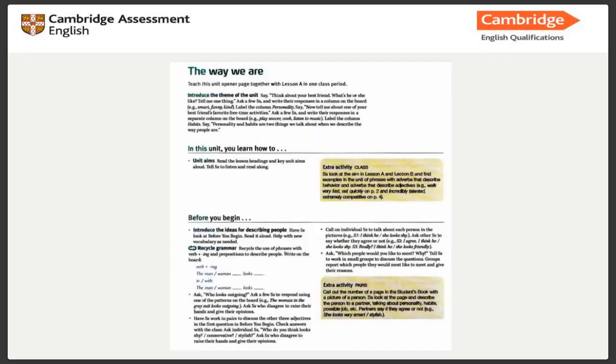Suggestions will be made as to how to combine elements of the supplementary material. In addition, there will be shaded boxes where you will find suggestions for when to do any extra activities. Anything that needs to be pre-taught will also be mentioned in the Before You Begin section.